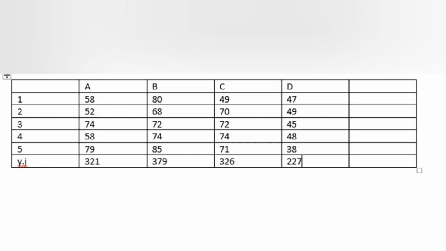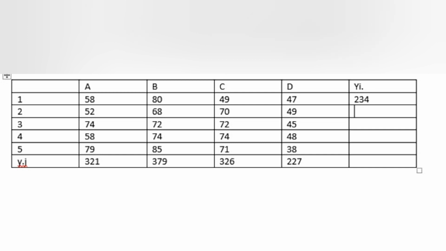Alright, we are through with the sum on the columns, so we'll go to the rows now. You sum 58 plus 80 plus 49 plus 47. At this column here we are going to have Y i dot. If you sum the first row, you are going to have 234.